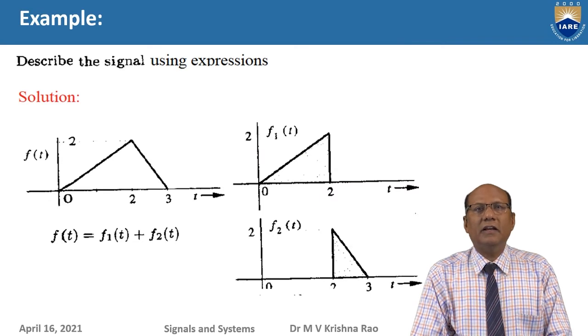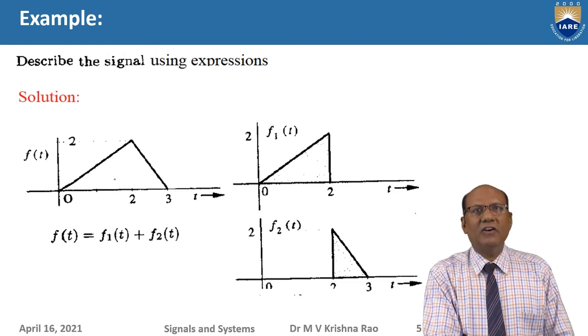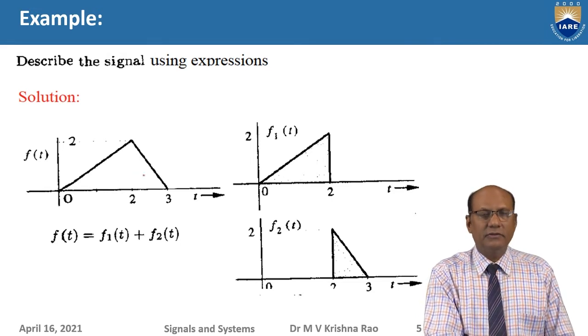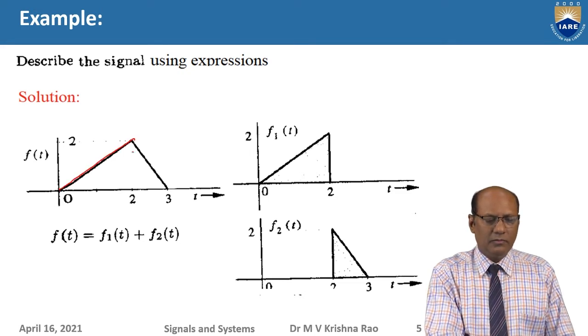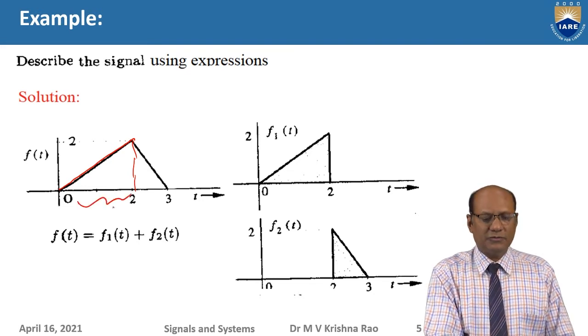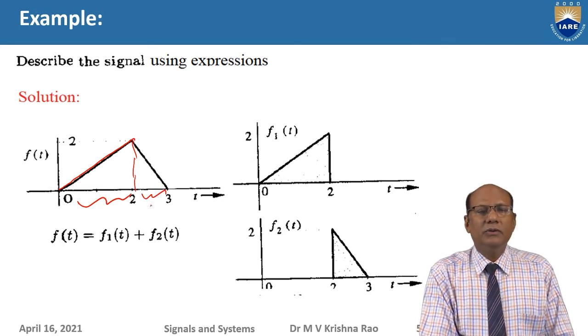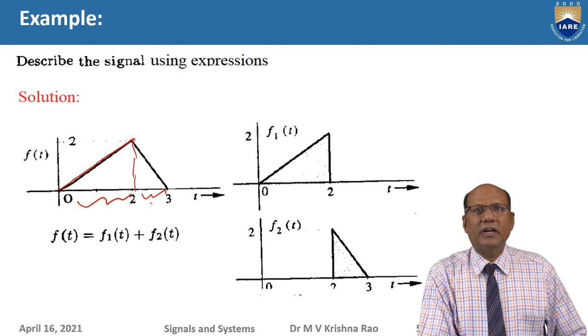Take another signal. I am showing another example here. I have a triangle signal like this, and it has a positive slope between 0 and 2, and between 2 and 3 it has a negative slope. It is a concatenation of 2 linear segments, 2 straight lines.